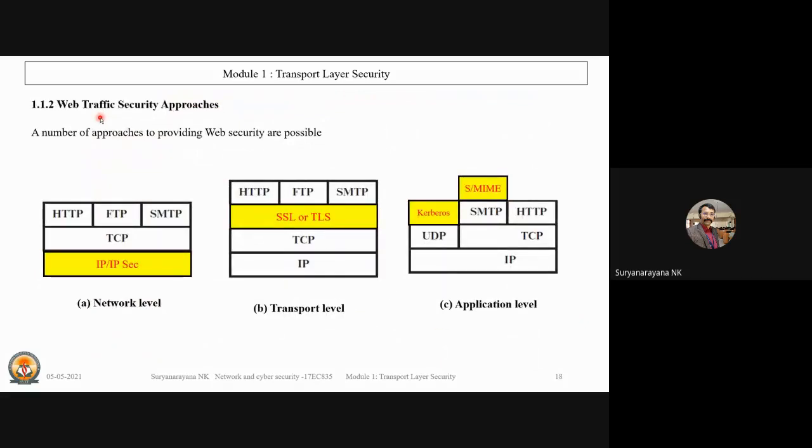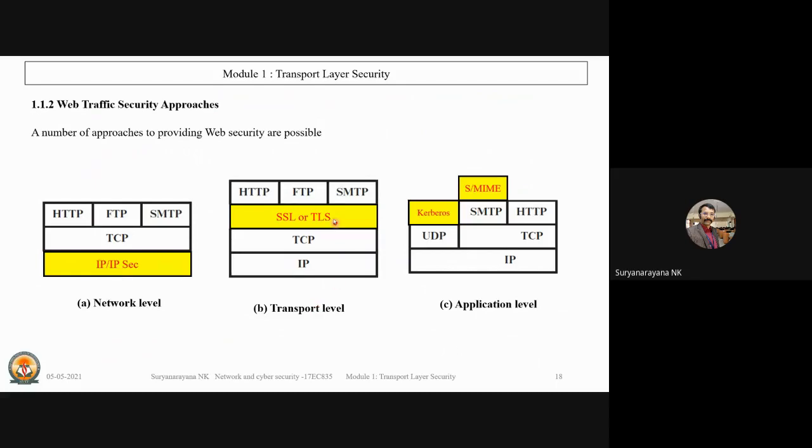In this slide, I have shown various web security approaches at different layers of the OSI model. A number of approaches to providing web security are shown: the network level, transport level, and application level. Introducing IP security at the network level gives proper security.